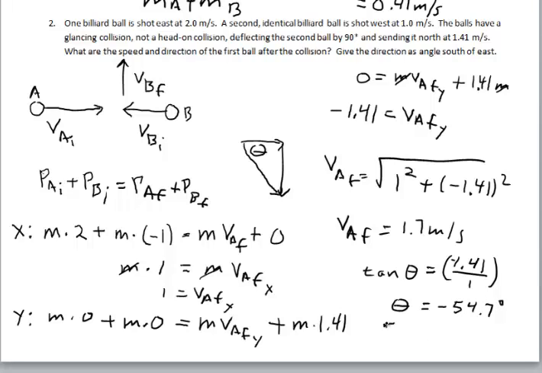Or we could say 54.7. I think they wanted it relative to the east, and it's below, so it's going to be 54.7 degrees south of east. There you go. There's your angle, there's your velocity. That's the answer.